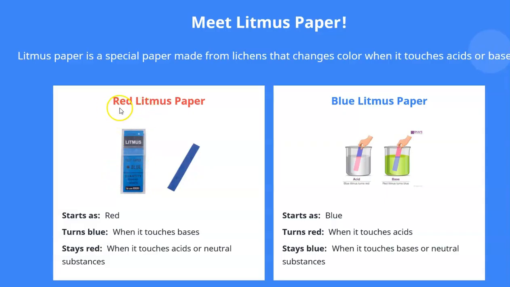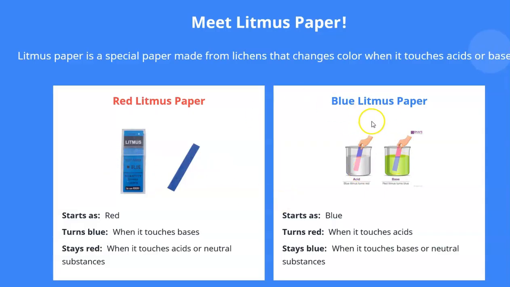Okay, for example, it's a red litmus paper. So it will start as red, then it turns blue when it touches a basic solution. But it stays red when it touches an acidic solution or neutral substance because it's a red litmus paper. Never mind the image because it says here blue.